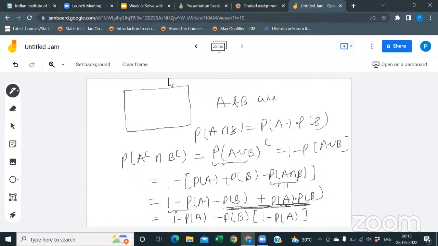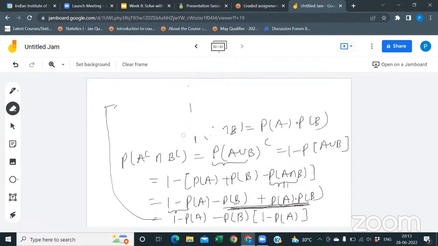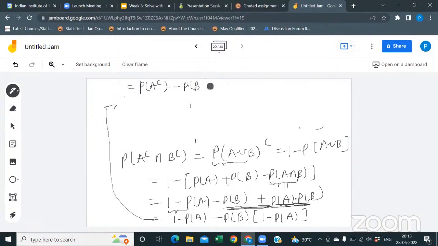Now, 1 minus PA is probability of A complement, minus probability of B into probability of A complement.